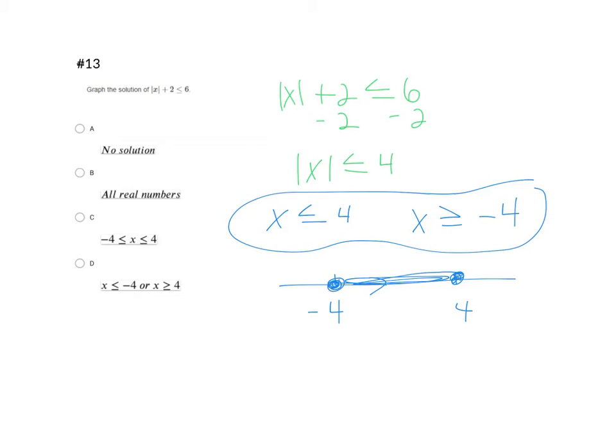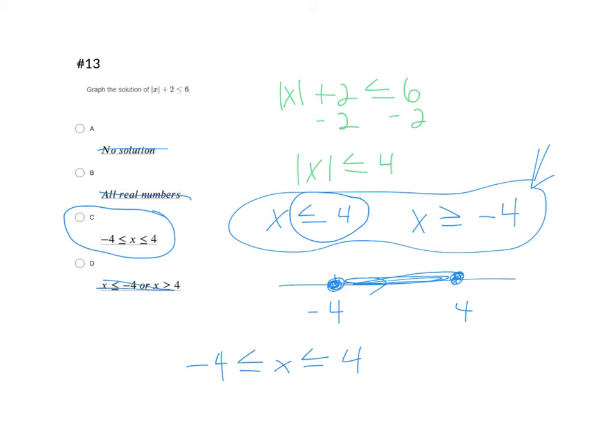So that would be, take my smallest side, this one, and I would flip it to be negative 4 less than or equal to x, and then incorporate this part. Less than or equal to 4. So it's not all real, it's not no solution, and it's certainly not an OR. It's got to be letter C.